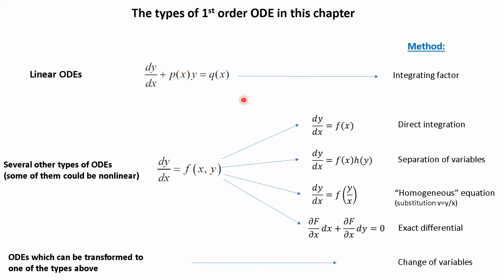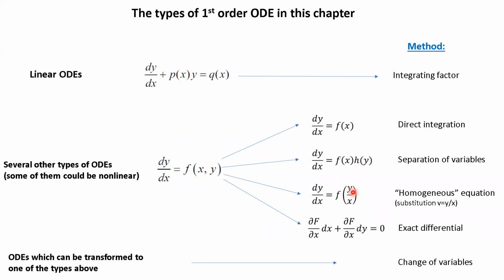So these are the types that we'll learn. All of these types have their own standard method that we'll learn. They are not difficult; the method is actually very easy to follow.